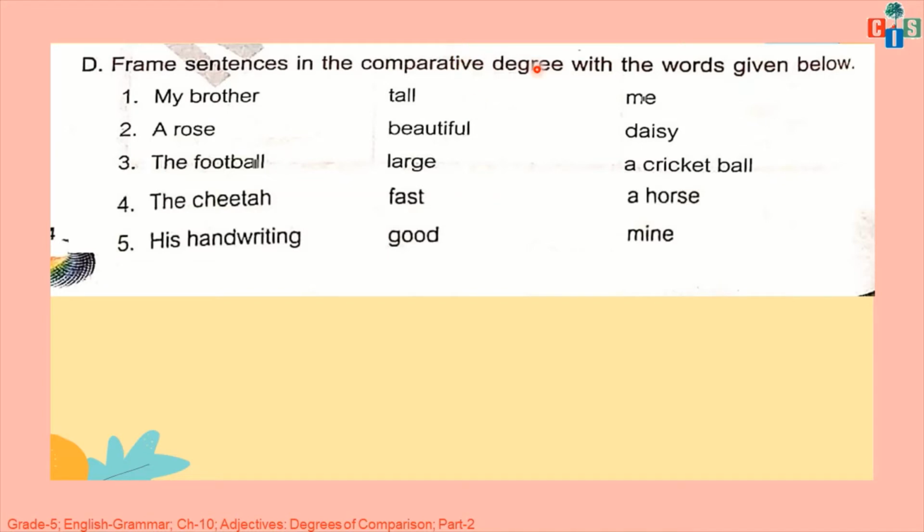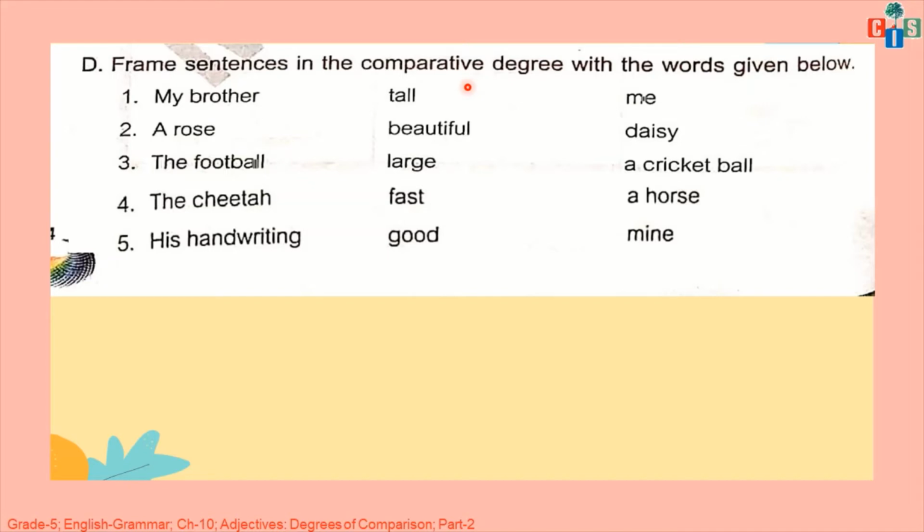Okay, comparative degree means what? When we are discussing two nouns and comparing those two nouns, and if we are using adjectives for comparing, what kind of adjective can we use? We can use the comparative degree of adjectives. Here for comparative degree, one more rule I told you last time, that for comparative degree we have to add er to the word, right?